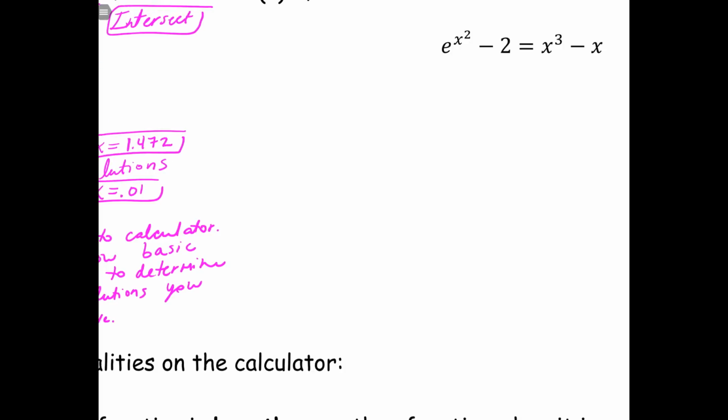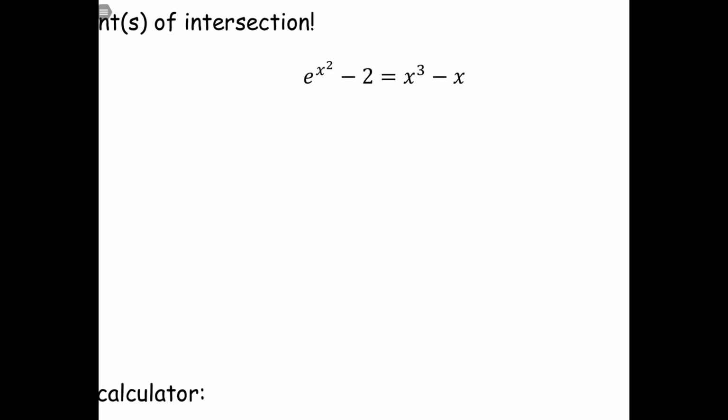All right, let's take a look at this next one. Why don't you try this one on your own and then check your work with me at the screen. Again, make sure that you put one in for y1 and another one in for y2. And I'm just thinking through this.